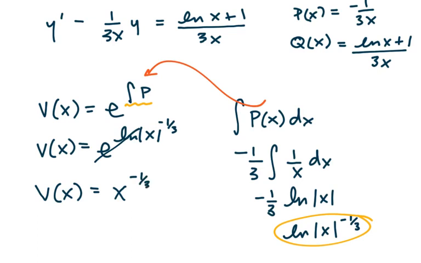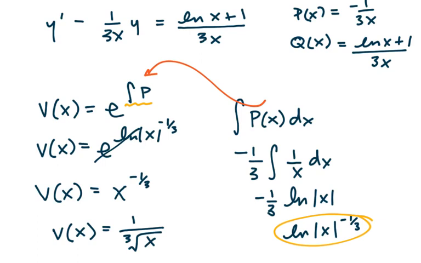And so we can drop those absolute value bars because it doesn't have to be positive now that it is not in the argument of a logarithm. And simplifying, we could just say v of x equals 1 over the cube root of x.